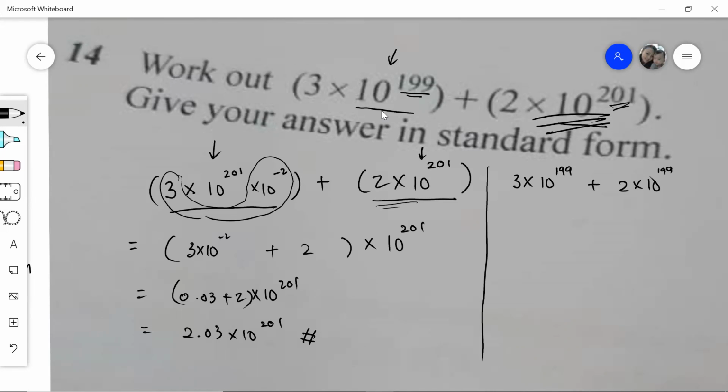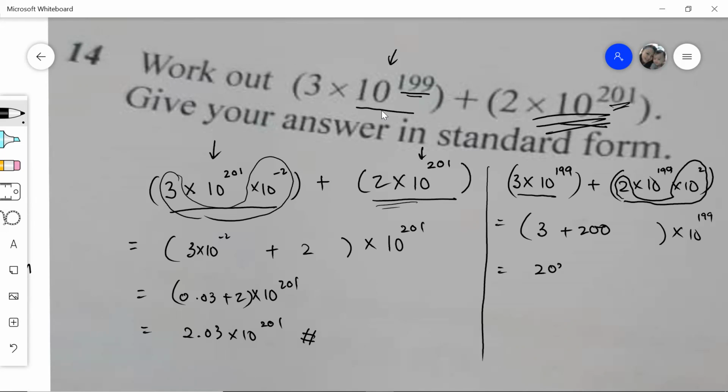I add 2, that means I multiply by 10 to the power of 2. So now let's factorize the 10 to the power of 199 out. The first term will be left with 3, and the second term will be left with 2 times 10 to the power of 2, which is 200. Therefore, let's add this together. We have 203 times 10 to the power of 199.